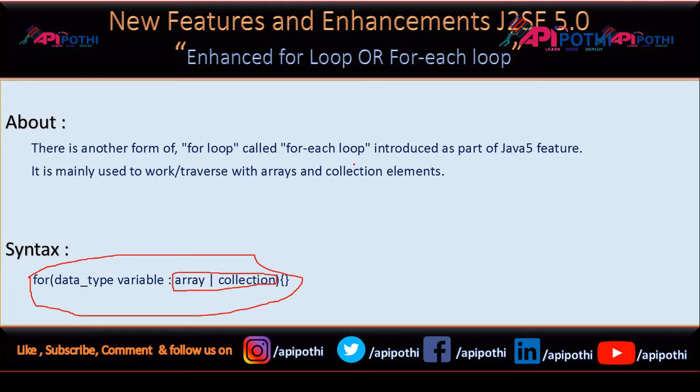Suppose you have a collection, meaning ArrayList al equal to new ArrayList, so the ArrayList object comes here; in the same way an array object will come here. And this is the variable type where we are storing the data coming from the collection or array, and this is the data type, integer or string or whatever. So we store it here. Yeah, this is the syntax.